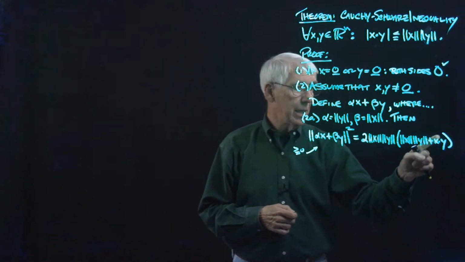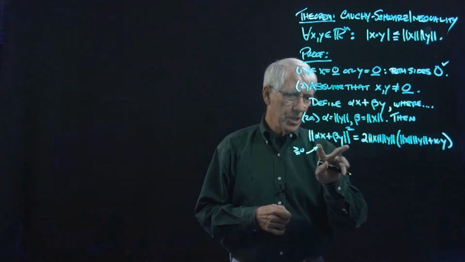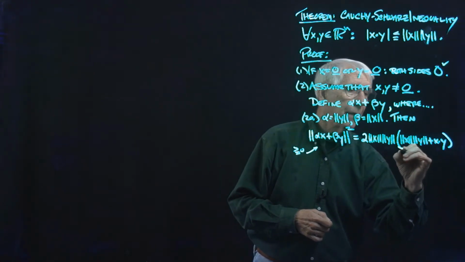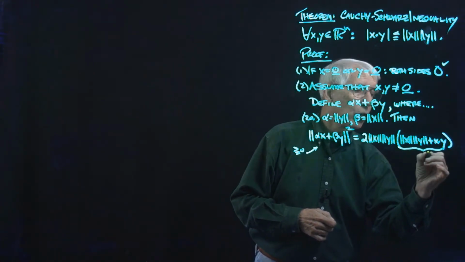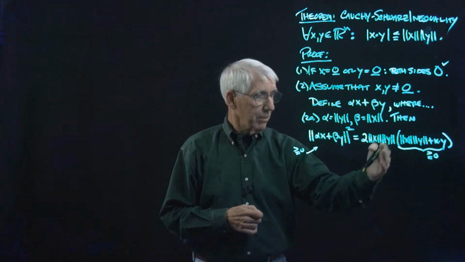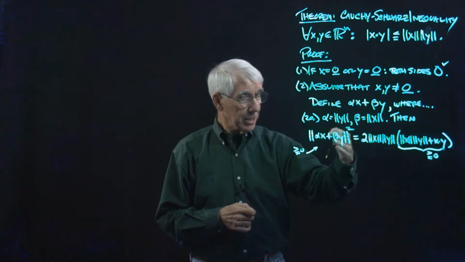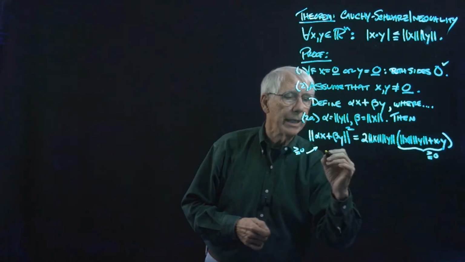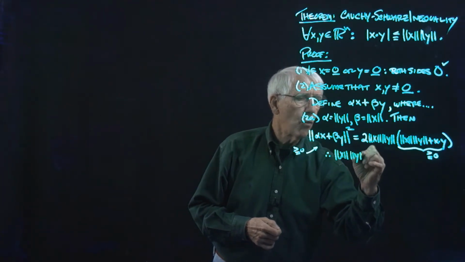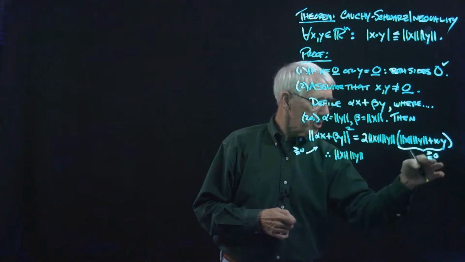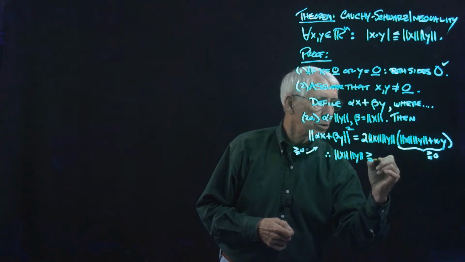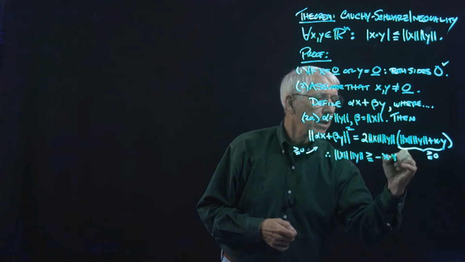This could be negative. So this is greater than or equal to 0, and this is actually greater than 0. So that tells me that this has to be greater than or equal to 0. That tells me that the norm of x times the norm of y, taking this to the other side of the inequality, is greater than or equal to minus x dot y.